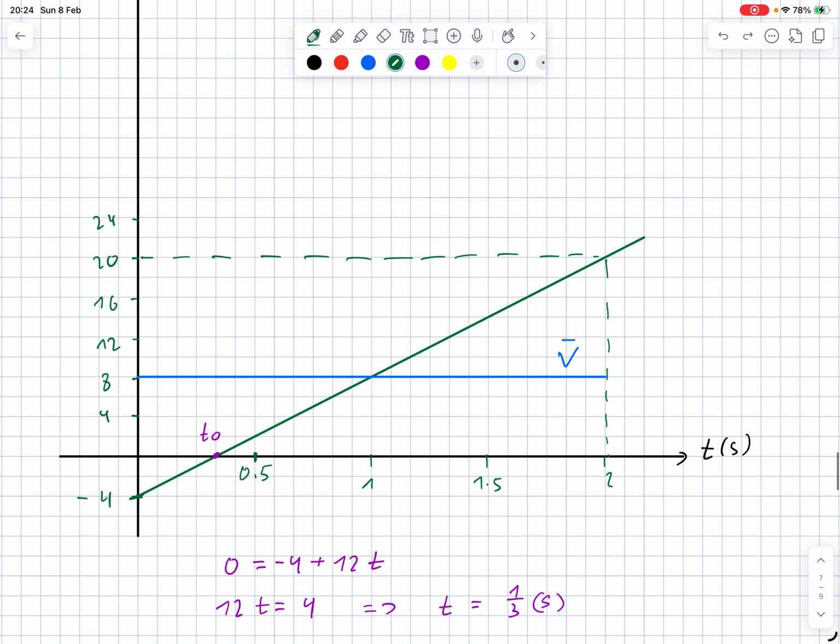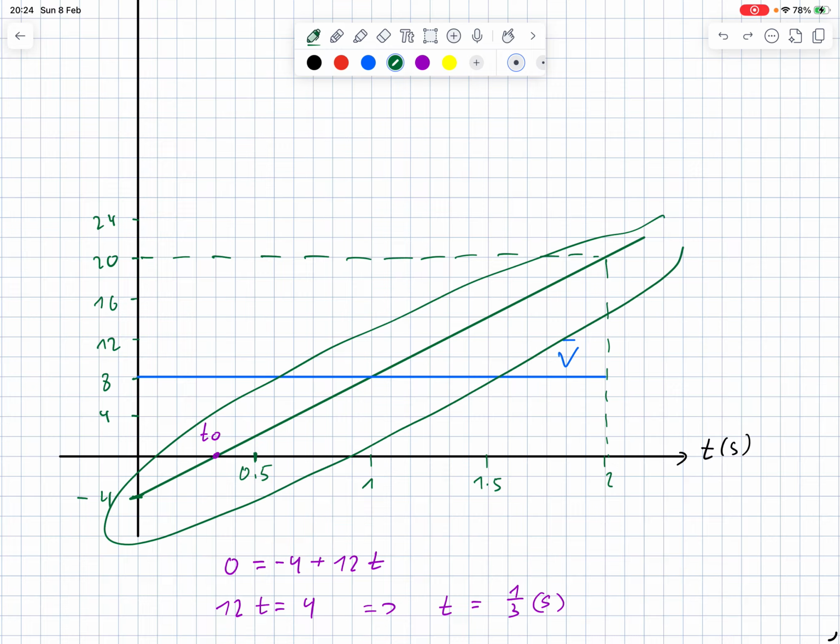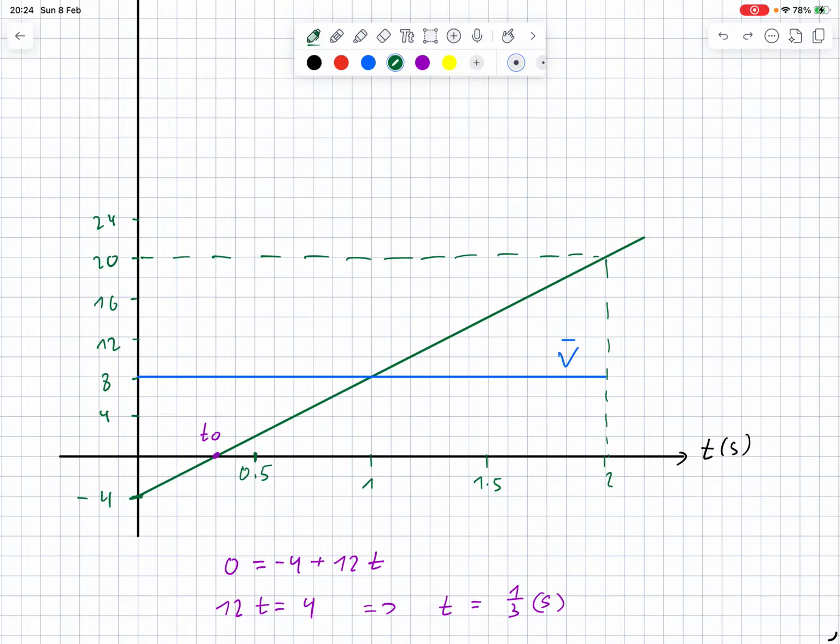Now, interesting thing, if you calculate the displacement under the initial and true function of v of t, we will need to see that the value of the displacement should also be 20 meters.